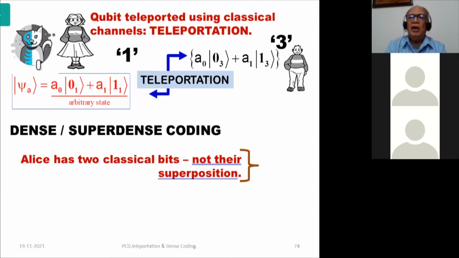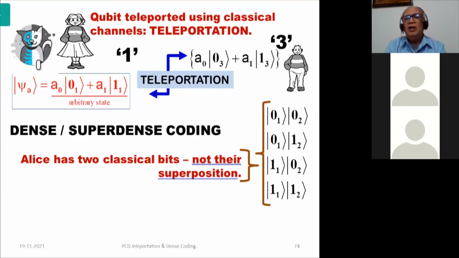Is it 0 and 0, or 0 and 1, or 1 and 0, or 1 and 1? So there are different possibilities of these classical bits. This is a pair of classical bits. One is 0, the other is 0, and so on. So these are the four possibilities, and Alice has one of these pairs. But Bob doesn't know which pair it is. Alice knows which pair it is.